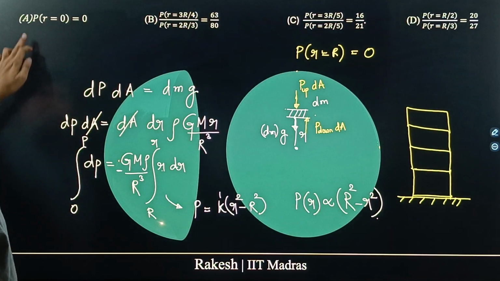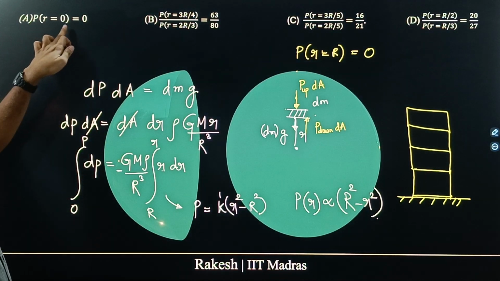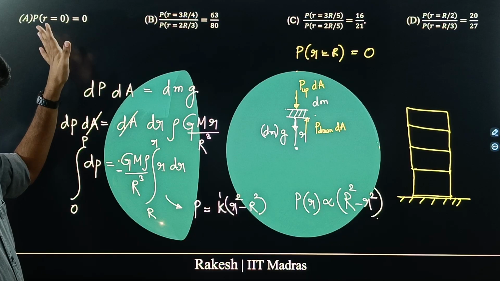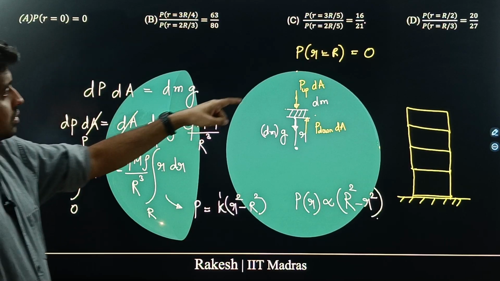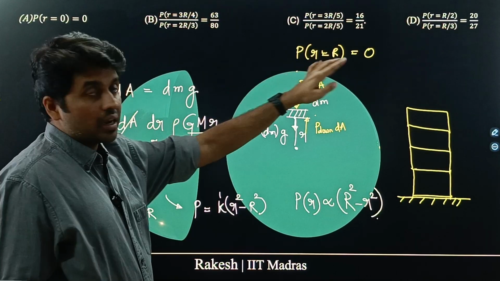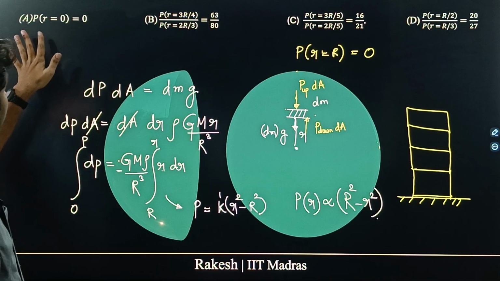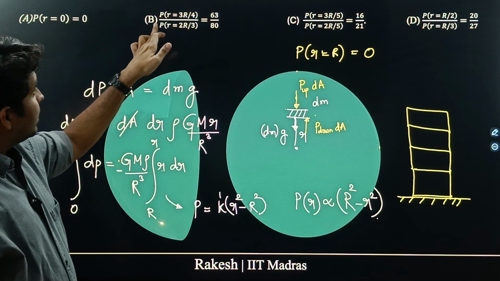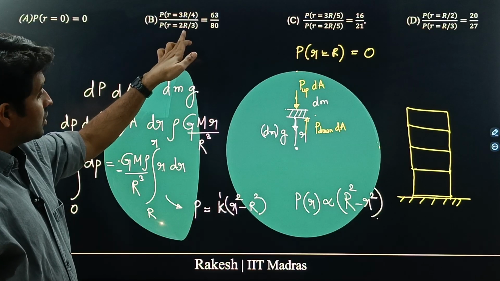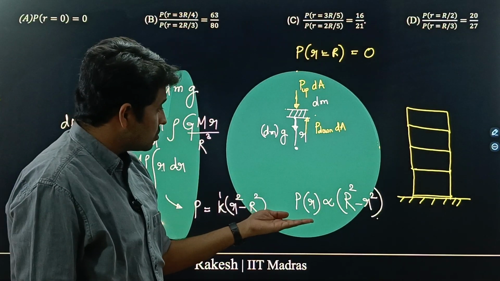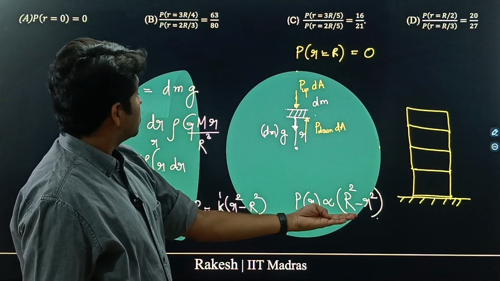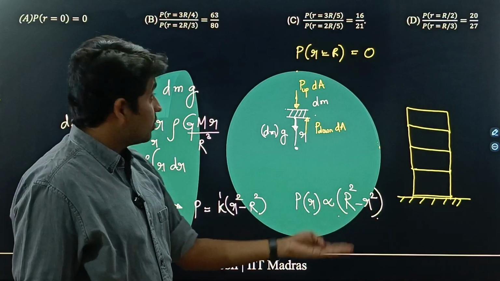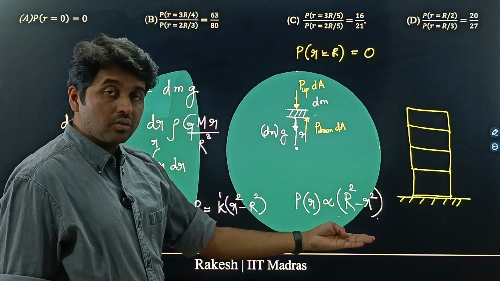So directly what we can do, see the first option: P at r equal to 0 is 0. Is it correct? No. Why? Because pressure at r equal to capital R is 0. So this option is not correct. Next, P at r equal to 3R by 4 divided by P at 2R by 3. So what you do is just punch in the values here: R square minus (3R by 4) whole square divided by R square minus (2R by 3) whole square.